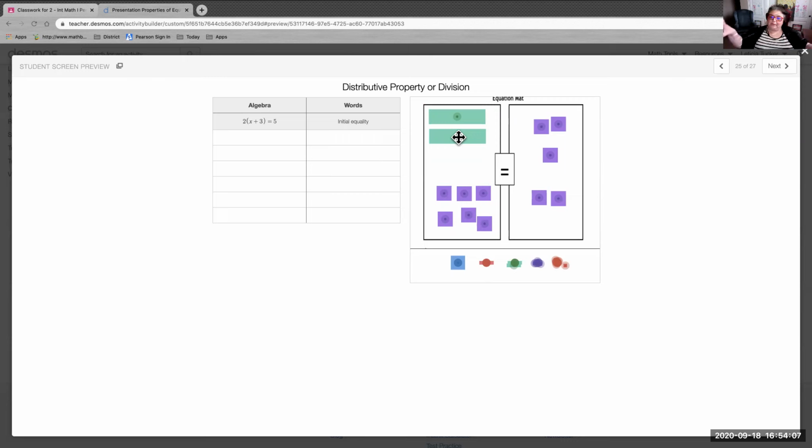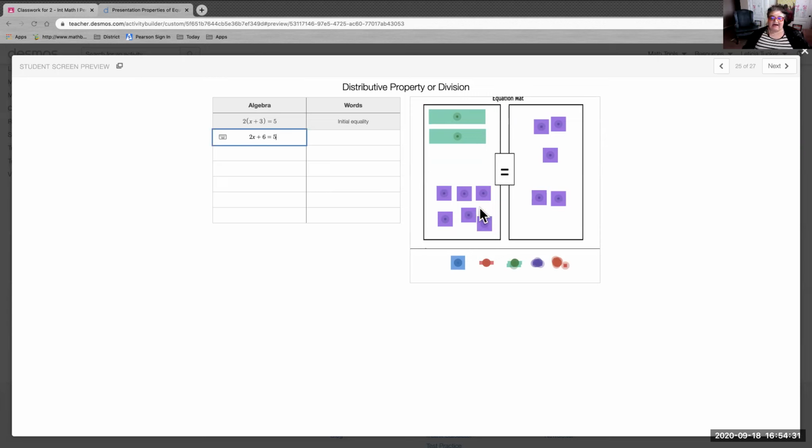So kind of separate them, and that's called distribute, right? So I'm going to put these 2 separate, so I'm going to have 2x. And then these here, because I had 3 here and 3 here, and now I have 6. And the other side stays the same. And now it becomes easier.